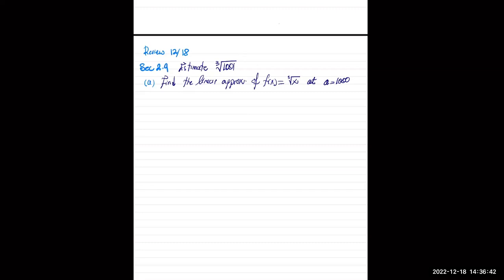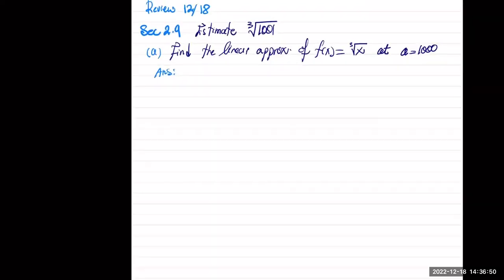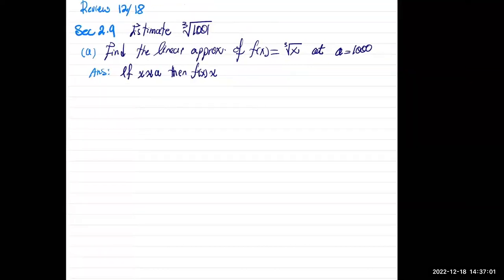We know that if x is near a, then f of x can be estimated using the equation of the tangent line, which is f of a plus f prime of a times x minus a.